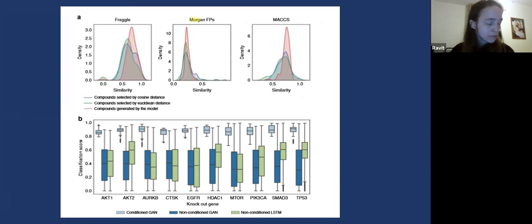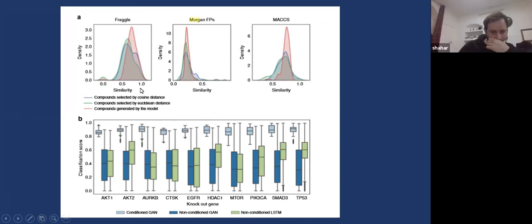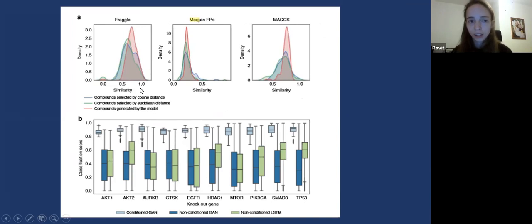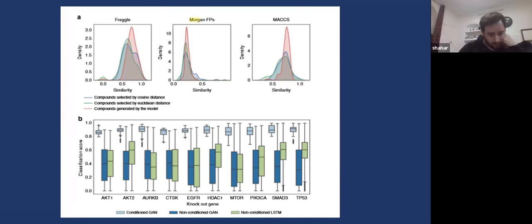So they compared this method to other methods. For one thing, they generated molecules with this model and compared them to molecules generated by other models. They saw that the similarity and the density of similarity in all three measurements is much higher in compounds generated by this model compared to other models.